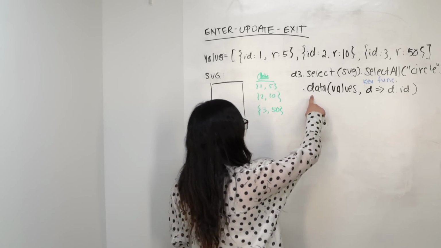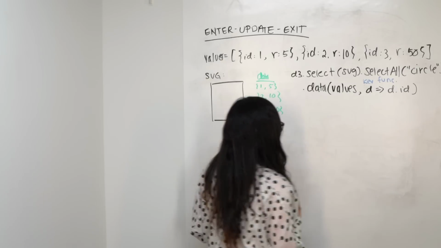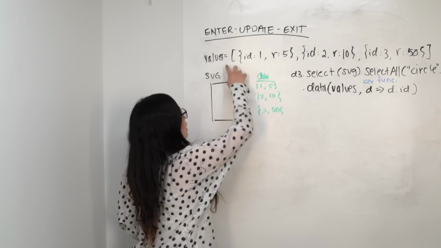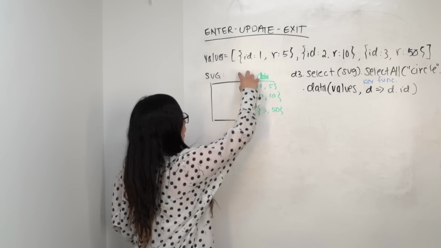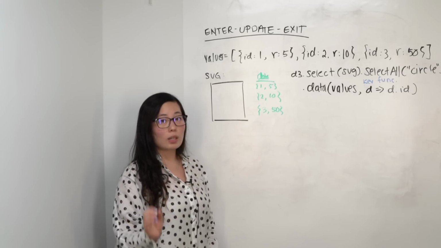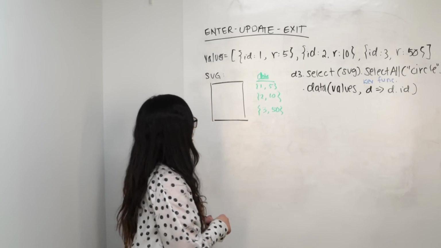When D3 sees this .data, what it's doing under the hood is taking this array of values. When you pass in data, it has to be an array, or else you're going to get an error.